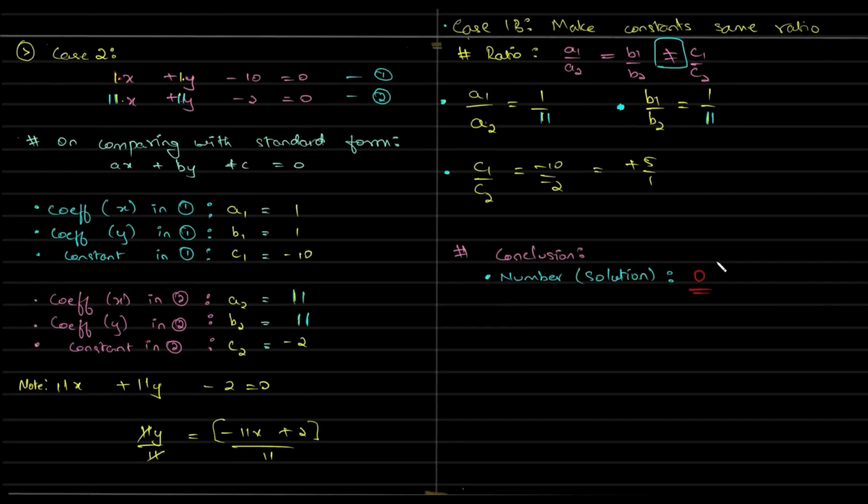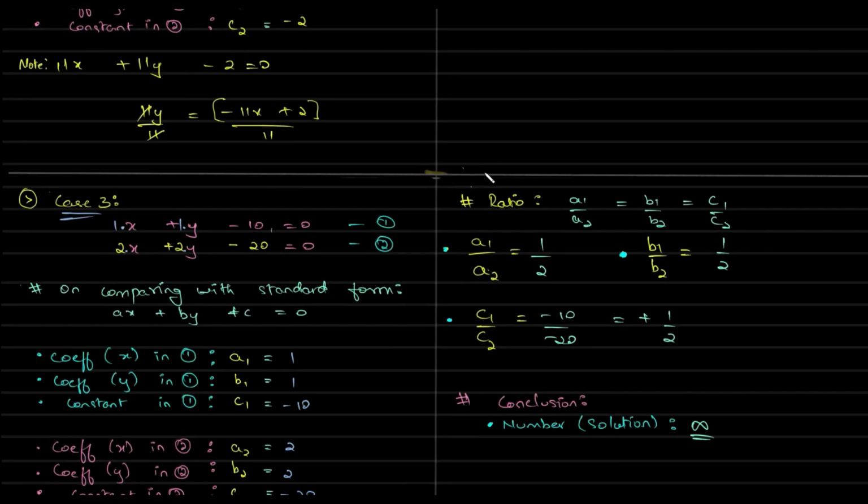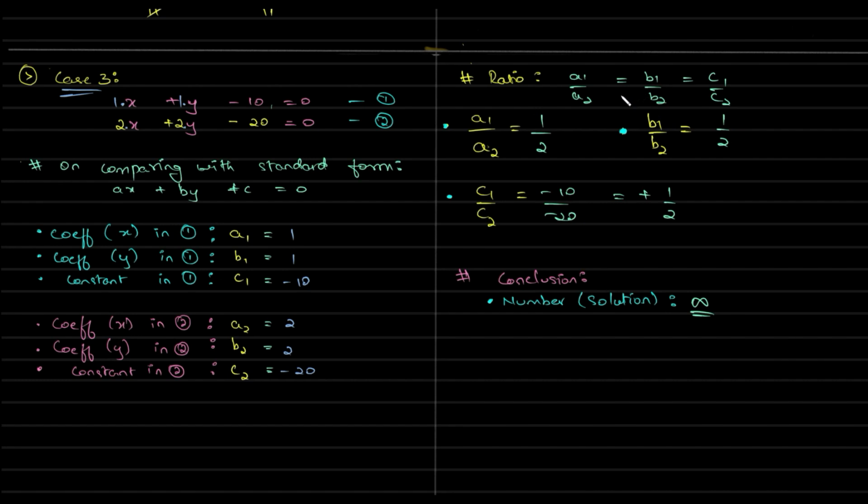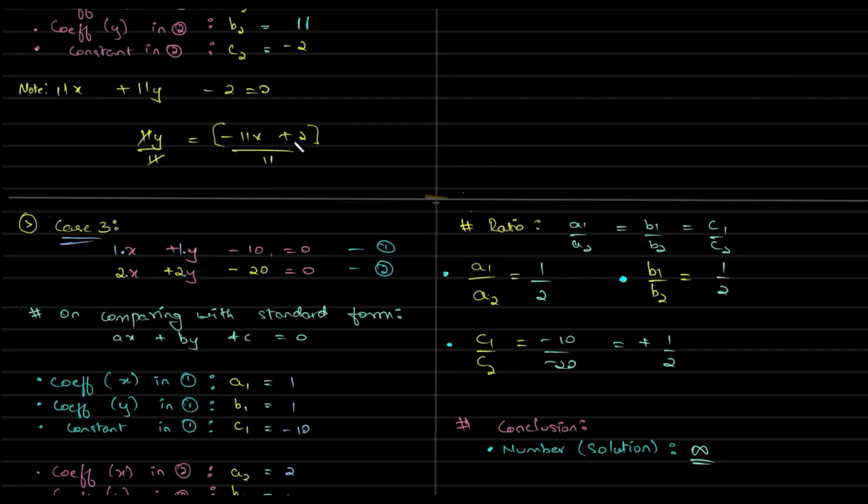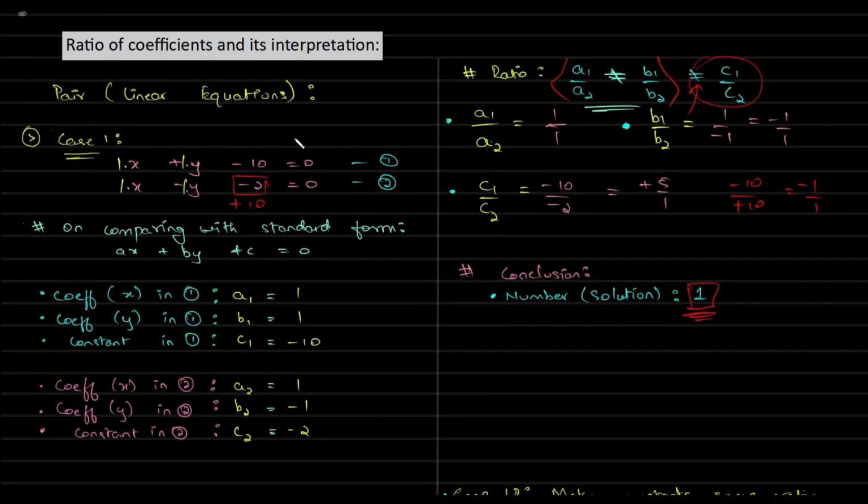For zero solutions, that is when they are parallel, it's equals to, equals to, not equals to, and for the third case, all of them are equal. So these are the three conditions, three cases. We'll see a few more examples, or actually a lot more questions based on this, and this is syllabus oriented, so you need to know this.